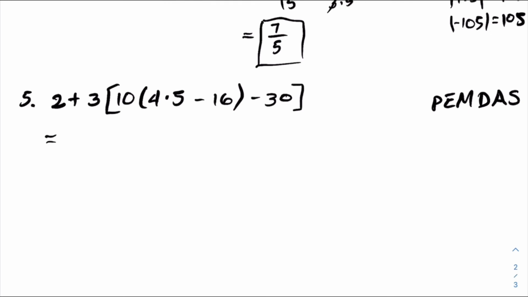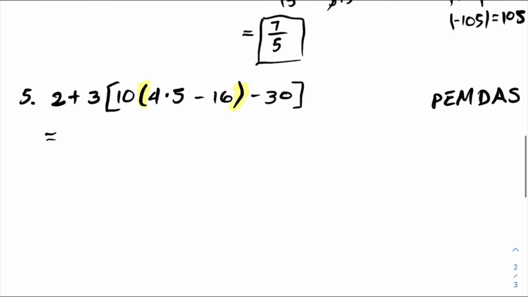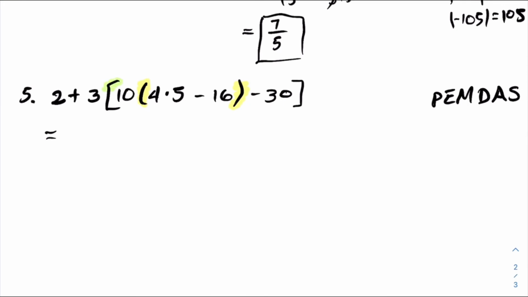So we're going to start with parentheses, and we have parentheses here, we have parentheses here, and we have a bracket which has its own PEMDAS.